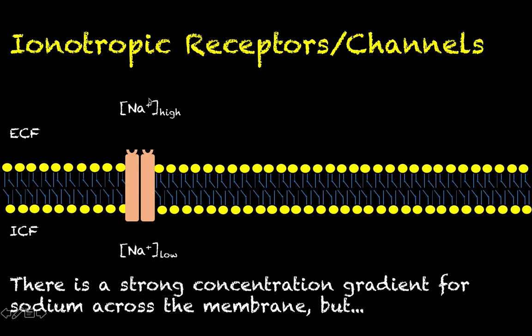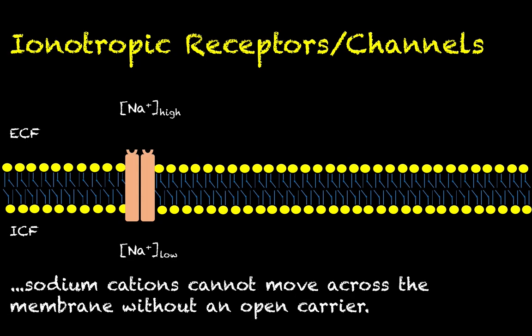So the sodium in the extracellular fluid wants to move downhill across the membrane to go inside the cell. But the thing that's currently preventing that right now is, of course, the very fact that sodium is electrically charged and cannot move through the membrane all by itself. If sodium is going to move, it needs an open channel or carrier, but as it currently stands, this channel is closed. So sodium, even though it wants to move across the membrane, can't do it right now.